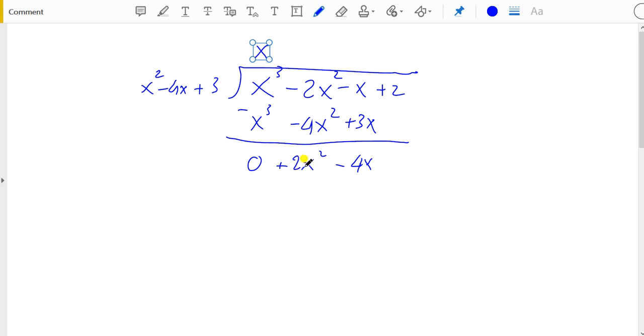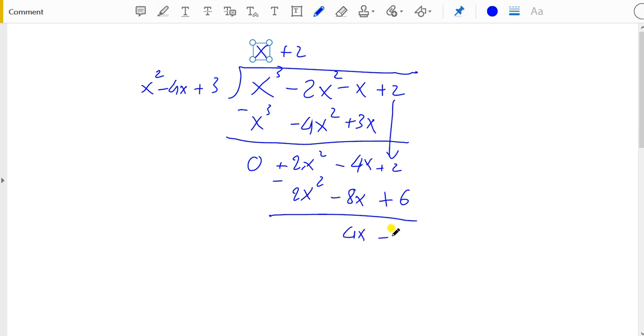And now we take 2x squared divided by x squared, that gives me plus 2, and so multiply 2 to here, and don't forget to bring down the next term, plus 2. Then 2 times minus 4 is minus 8x, 2 times 3 is plus 6, and now subtract that. I get 0 here, minus 4 minus minus 8 becomes 4x, 2 minus 6 is minus 4.